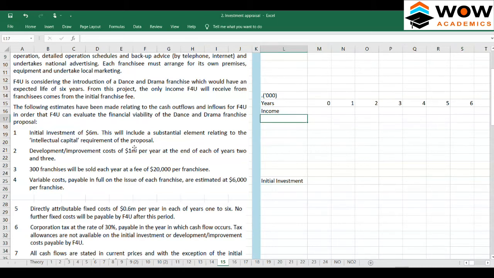Okay, they have several costs, like development cost, the next one is variable cost, the next one is fixed cost, and the next one thereafter is tax.